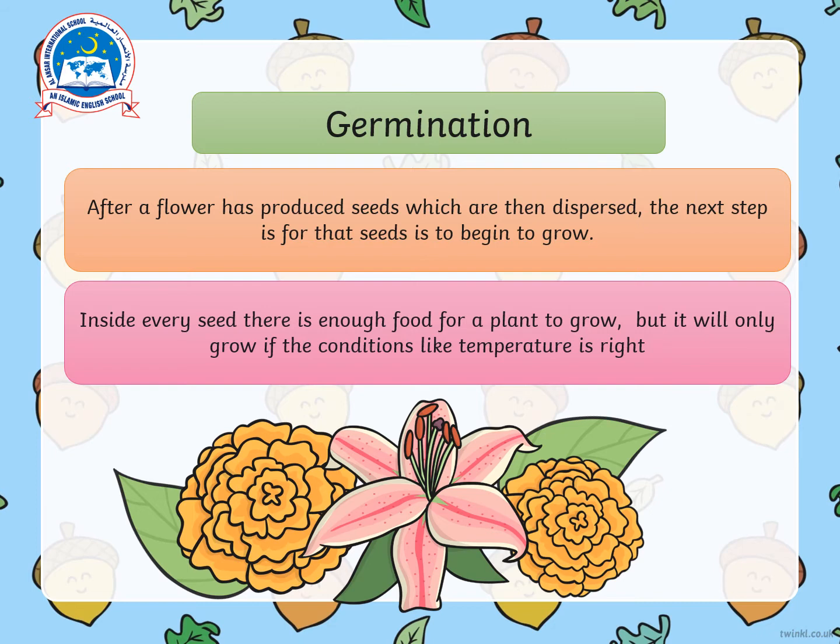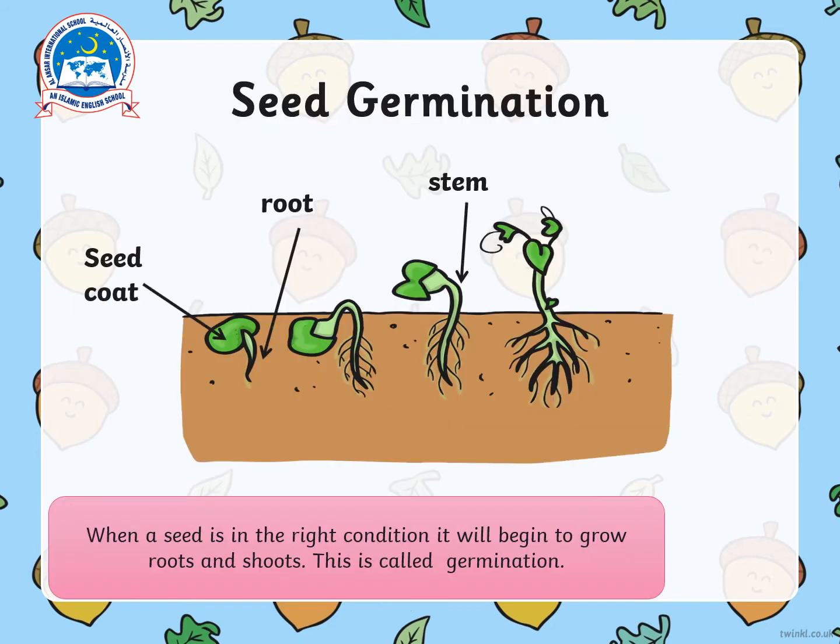When the plant gets enough moisture and warmth, and the temperature is right, then the seed starts to germinate. It starts to grow. Here you can see step by step, when a seed is in the right condition, it will begin to grow roots and shoots. And this is called germination.